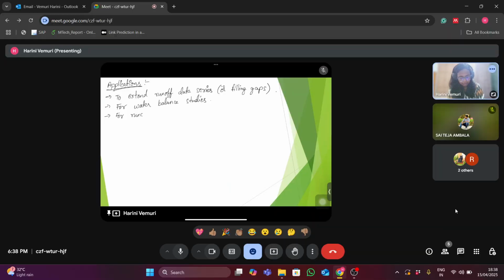For runoff forecasting, this will be helpful in flood warning and reservoir operation. Next, to compute design floods for dam safety.